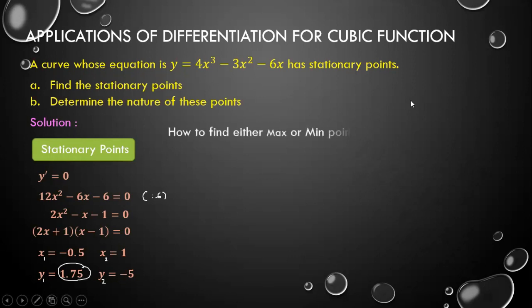How to find either maximum or minimum points? To find either maximum or minimum points, we use d2y over dx squared. We call this one the second derivative.